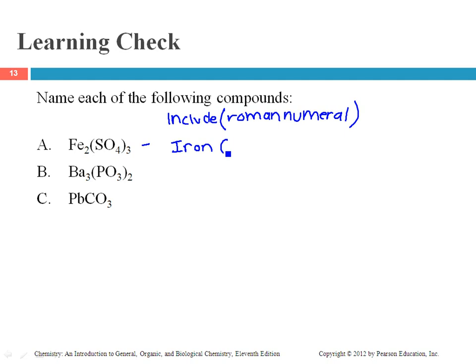Fe stands for iron. We're going to have a Roman numeral, so we have to solve for this. And then we're going to find SO4 on our polyatomic ion chart, and this corresponds to sulfate. But we also need to write out the ions here, because we've got to solve for this Roman numeral.